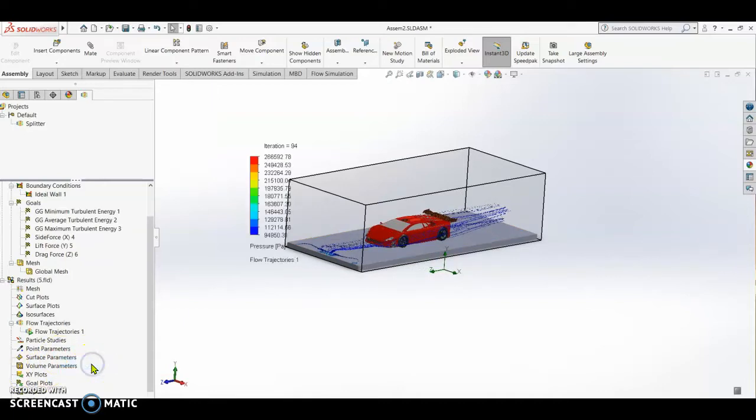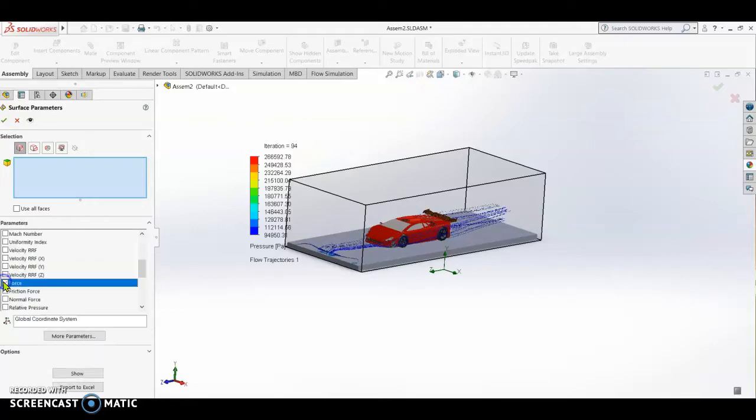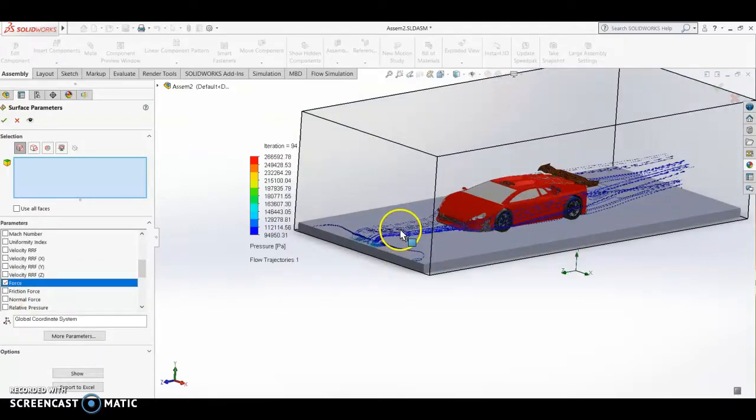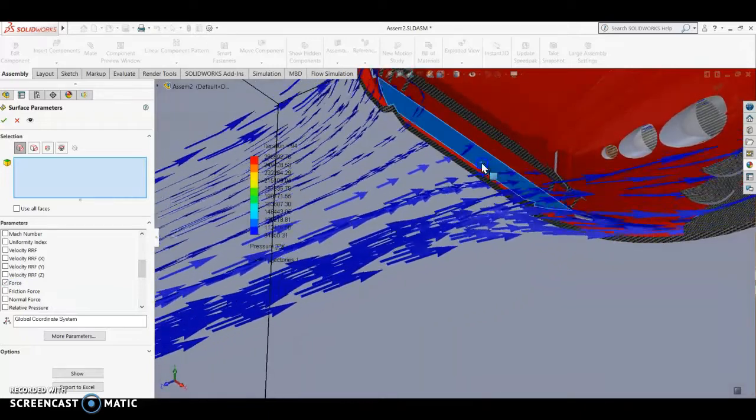Insert. So on these surface parameters, we can check, instead of pressure, we can use force. Okay, check. So this is the force. So we want to select only the top portion of the splitter.